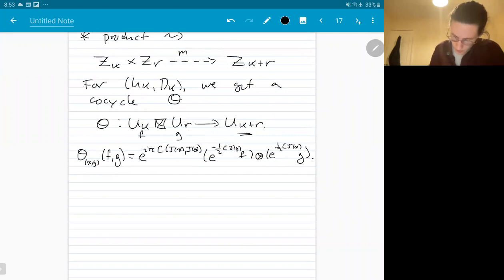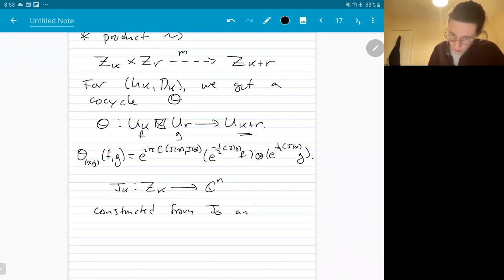I just want to make a comment that for each one of these spaces, Z_i or Z_k, say, we get a different moment map. It's a new moment map, but it's just constructed from J_0 and the toric moment map.